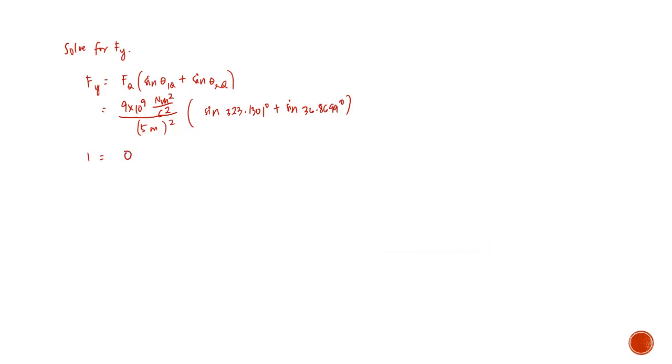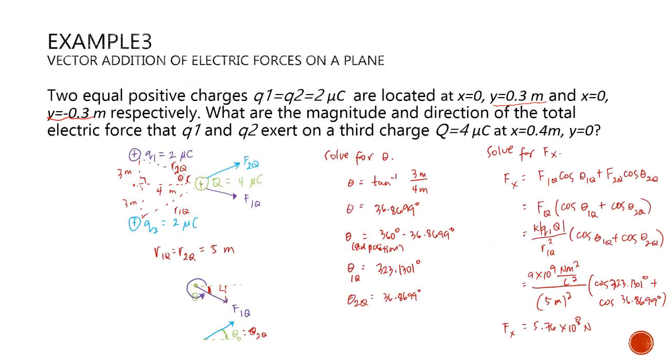It's actually not necessary to solve for this value because if f sub 2q and f sub 1q are of the same magnitude and the angles from the x-axis are the same, one just below the x-axis and the other above the x-axis, then of course the forces would cancel out, right?